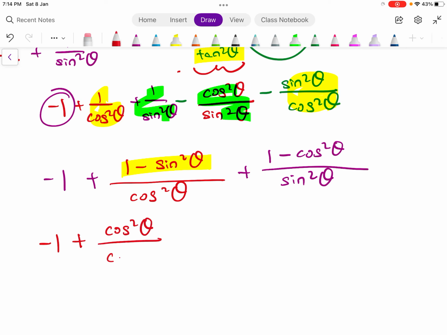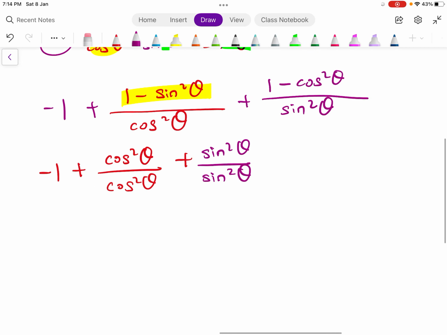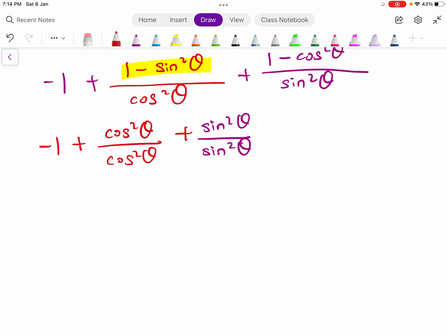Then plus, the numerator 1 minus cosine square theta is sine square theta, divided by sine square theta. You can see the whole of this thing is just 1, and the whole of this thing is 1. So minus 1 plus 1 plus 1 is equal to positive 1. In this way I have simplified, and the answer is positive 1.